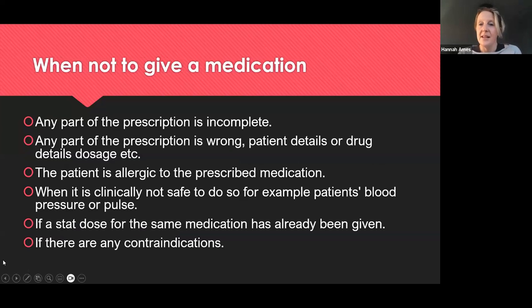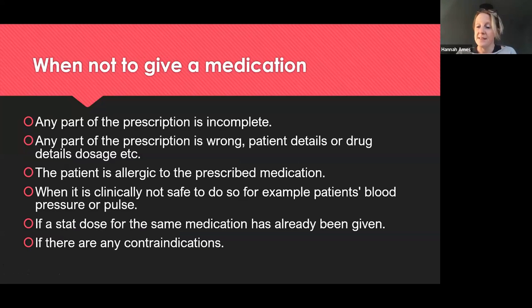Although this station is assessing you on when to give medication, there will also be times where you should pick up when it is unsafe to give a medication. There might be some deliberate things on your medication chart for you to notice and realise it's unsafe to give a medication.